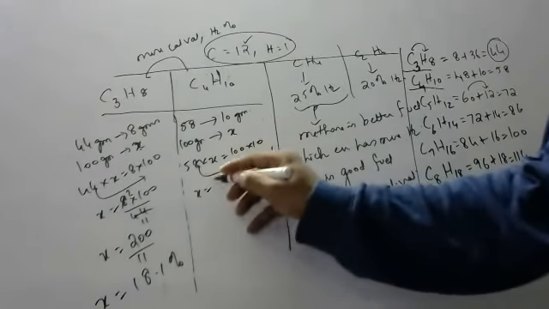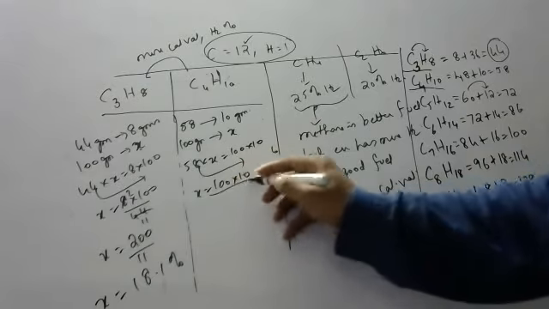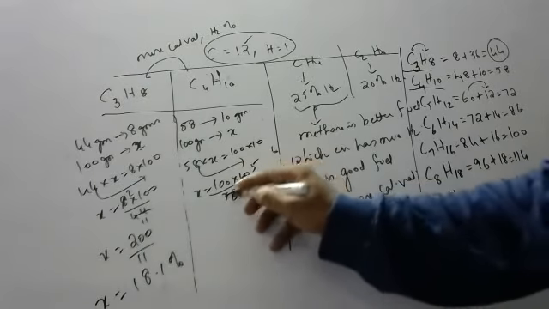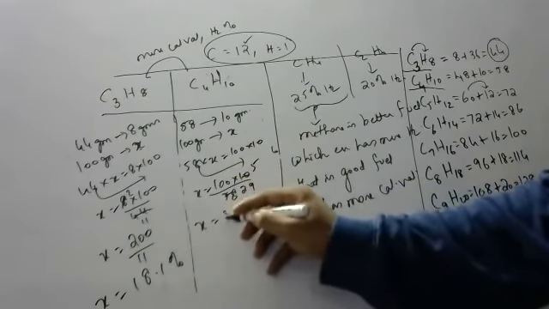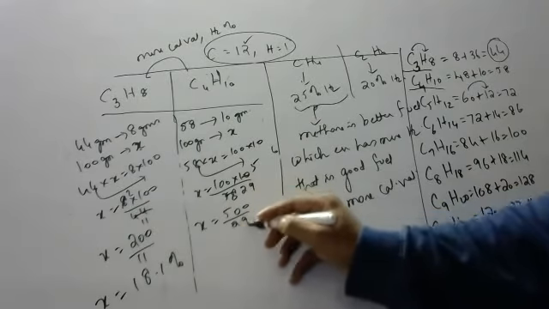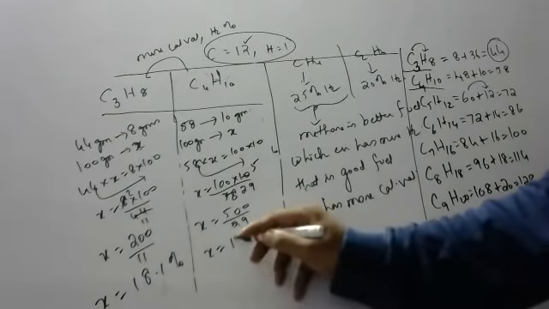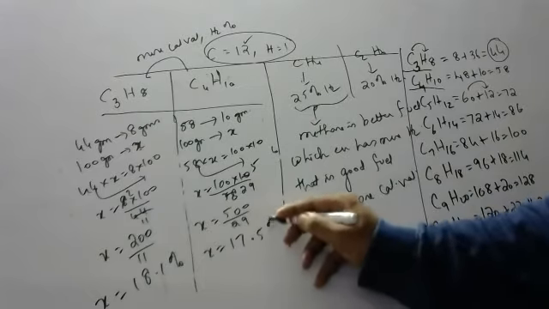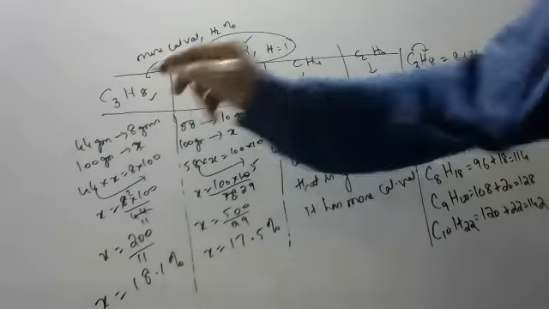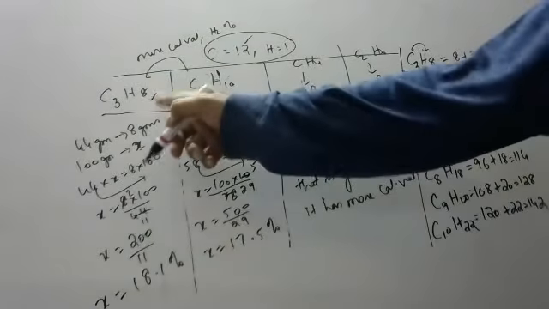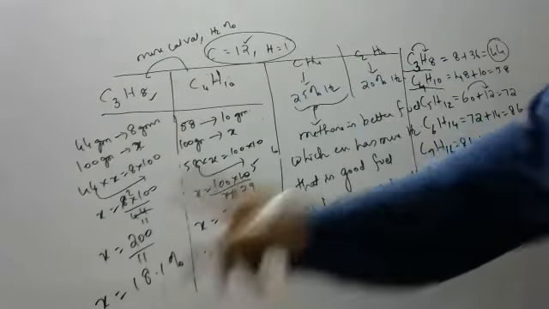So x is equal to 100 into 10 by 58, approximately 500 by 29. Someone see in the calculator and tell me the percentage. Sir, 17.5. Thank you so much. So propane has more calorific value because it has more hydrogen percentage.